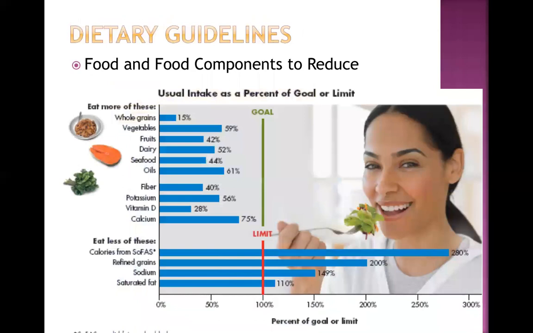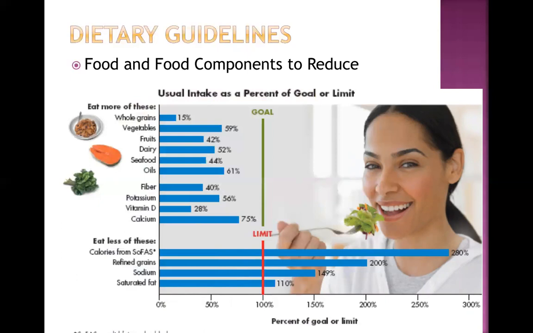Foods and food components to reduce. So on the top half of this table is foods that we should increase. However, none of those we're eating enough of. And on the bottom half of this table are foods we should decrease, but yet again, we are eating way too much of them. Calories from SOFAS is from solid fats and added sugars.